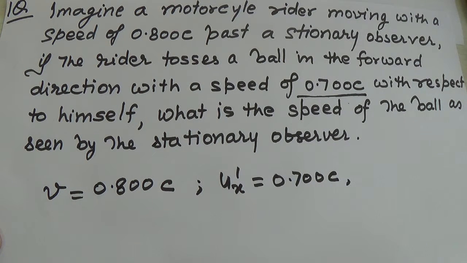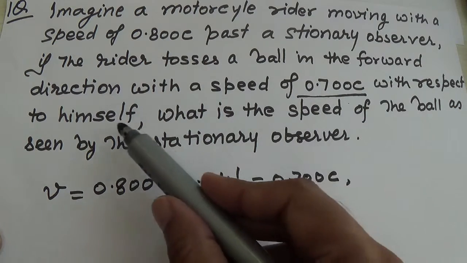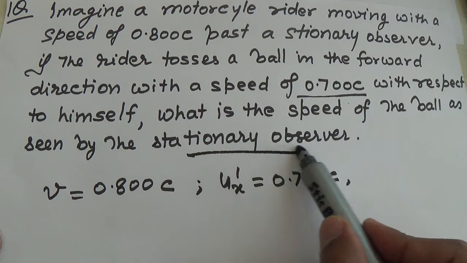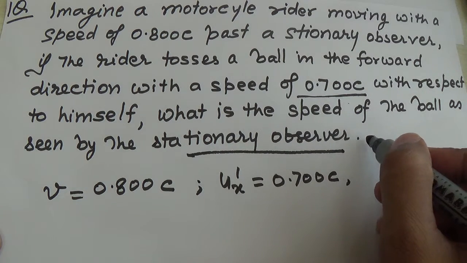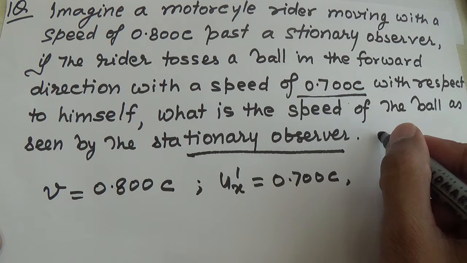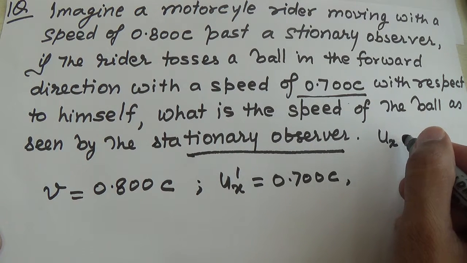Two are given, so the third one will be ux: the speed of the ball as seen by the stationary observer in the S frame, the O unprime frame. So you have to find out ux.